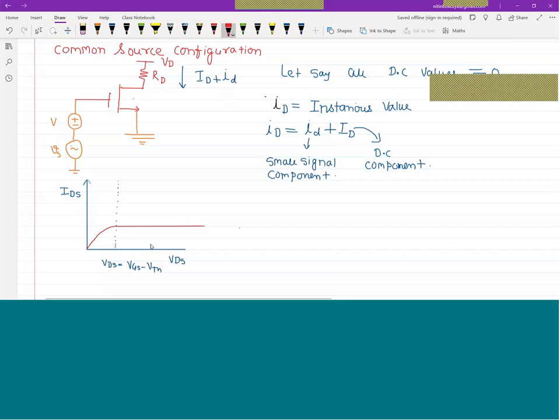This is the characteristics of the transistor, and this region is known as the saturation region. In saturation region, the transistor acts as an amplifier.